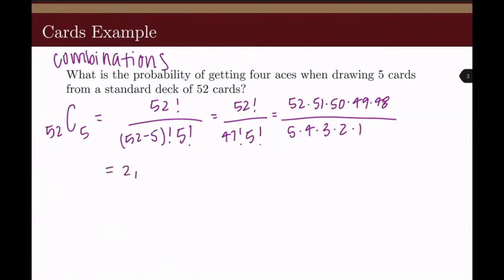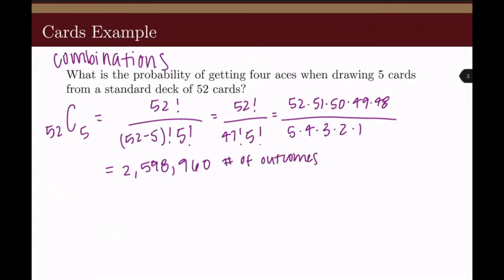It equals 2,598,960. And remember, all we found so far is the total number of possible hands that can be dealt. So this is our number of outcomes.